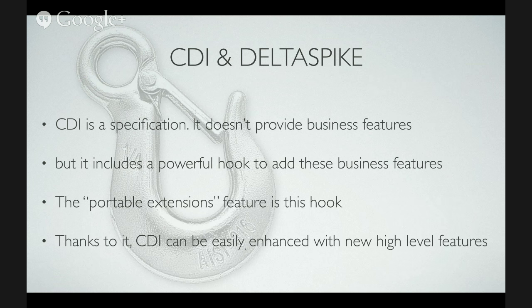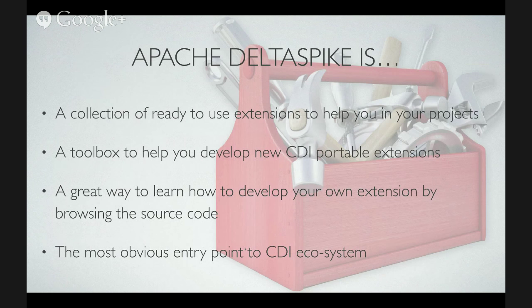DeltaSpike, in fact, is a collection of extensions that will help you in your project. You can use them right away. We will see some of them in the following slides. But it is also a toolbox to help you to develop your new CDI extension.